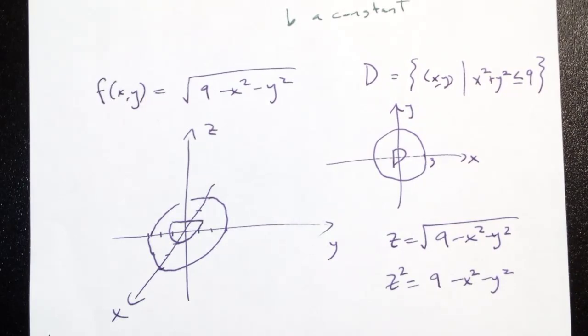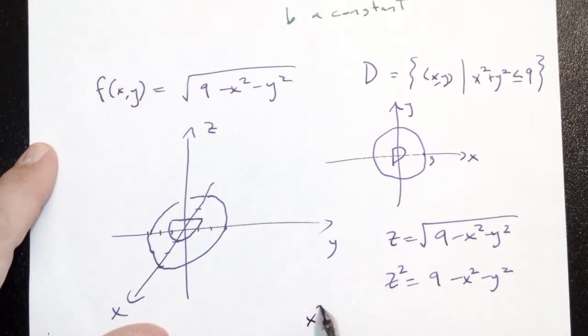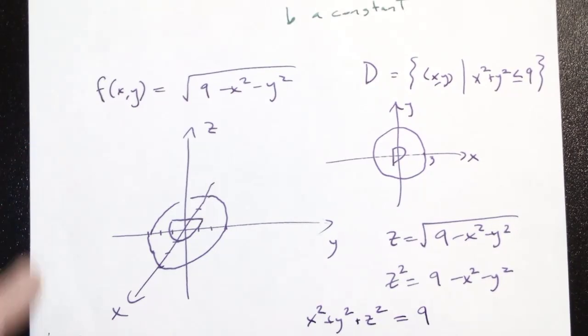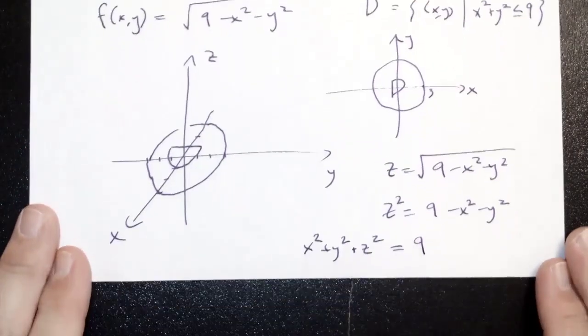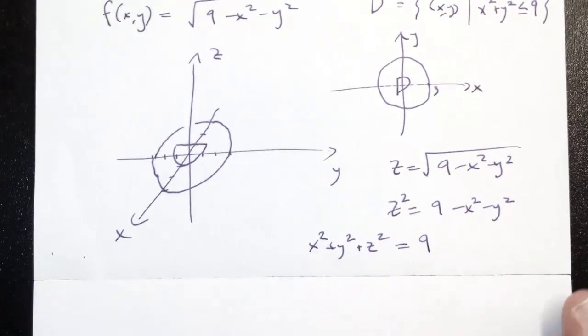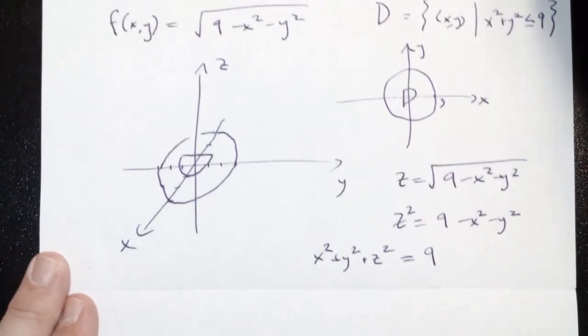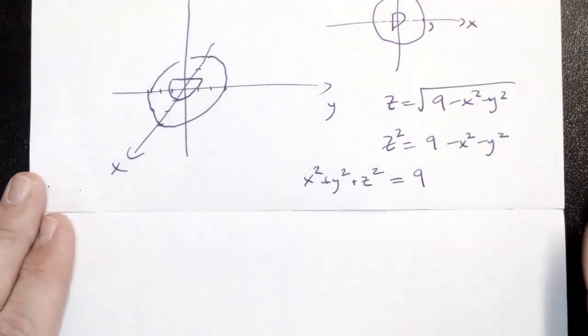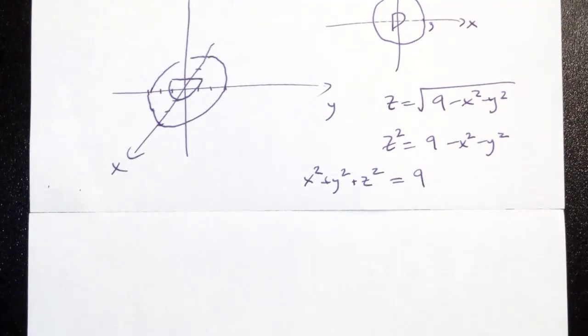Issues. If I move everything to one side, absolutely. But now I can go a step further. That's not just any ellipsoid, that's special. It's a sphere. So it's an ellipsoid, but it's a circle.